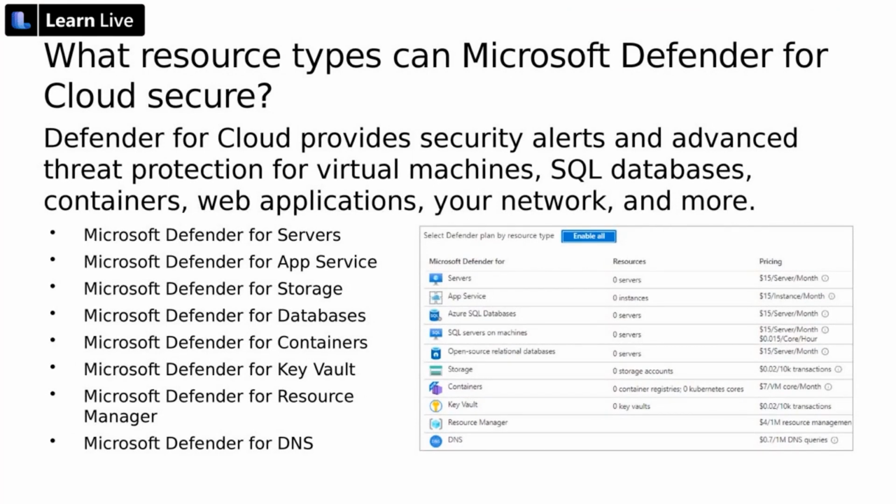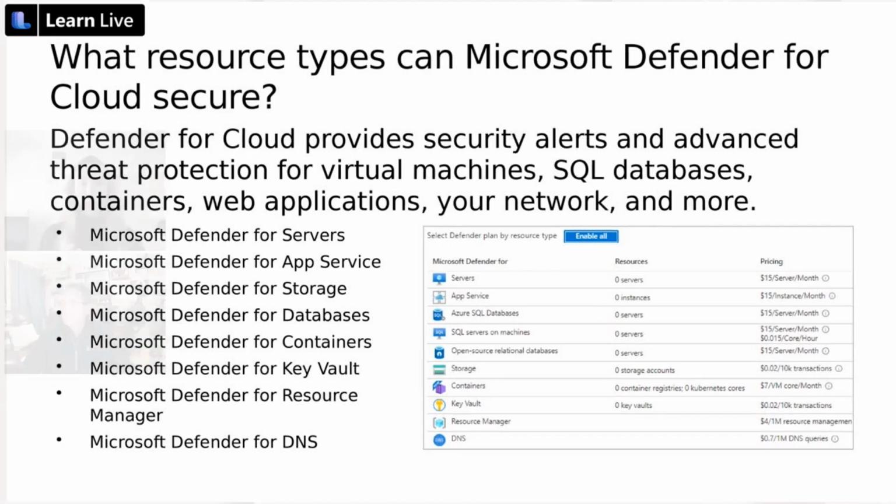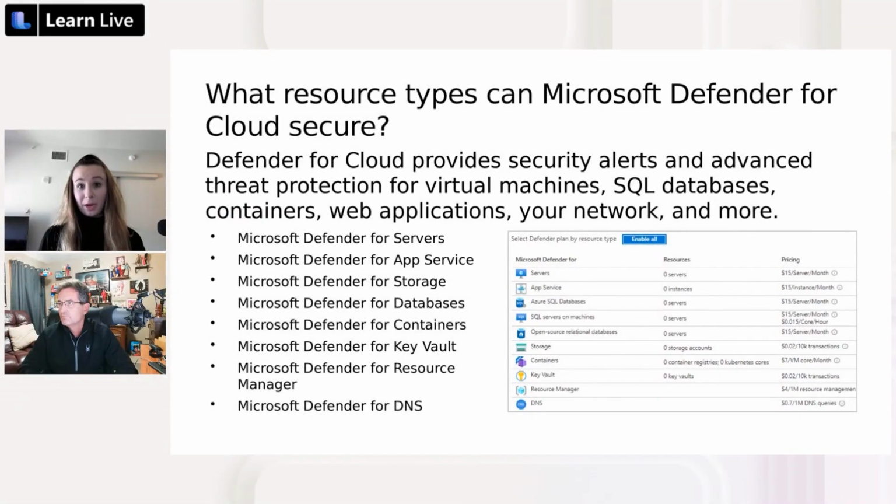With Defender for Resource Manager, we're protecting all resources in your Azure subscription that are updated and managed by Resource Manager, which is pretty much anything. So if there's any abnormal change of permissions or any unusual access from a malicious IP address, Defender for Resource Manager is looking at that and giving you an alert.